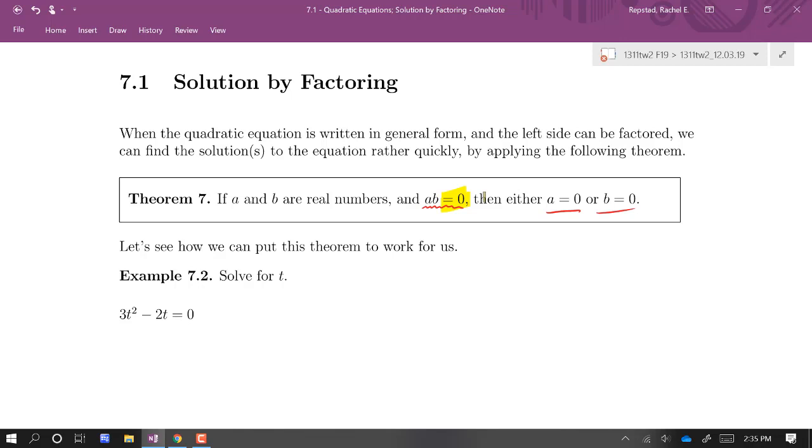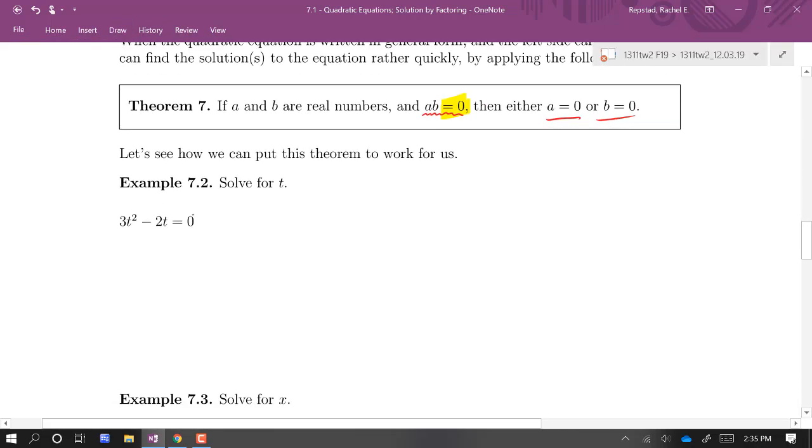Certainly 1 and 1 and -1 and -1 are two whole number solutions, but 2 and a half, 3 and a third, √2 and 1 over √2, there's uncountably many solutions. So it's only when it's set equal to 0 that we can invoke Theorem 7. So if our equation is equal to 0, like we see in 7.2, all we need to do is look at that left side and say, can we factor that? What can we do there?